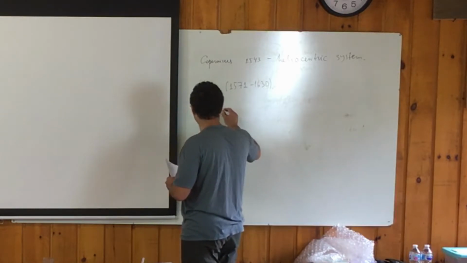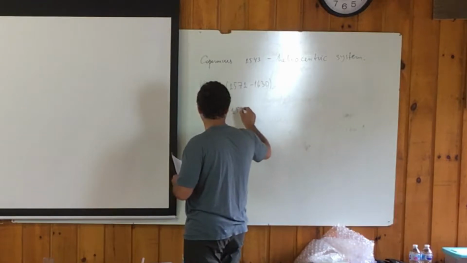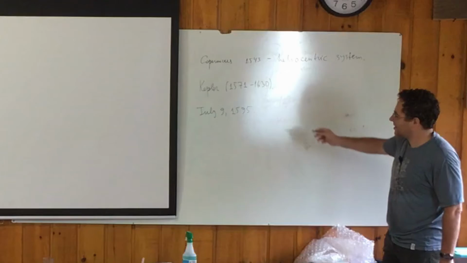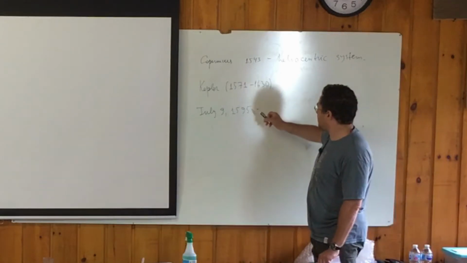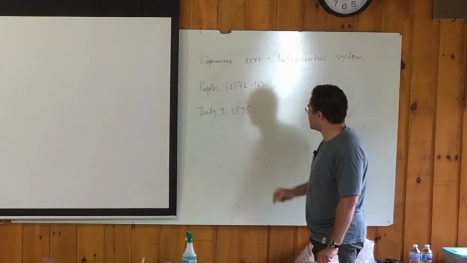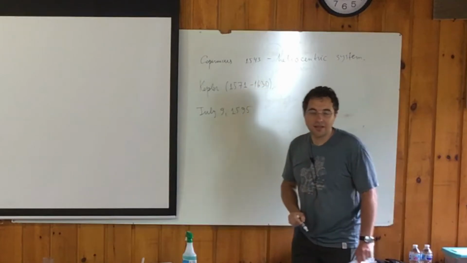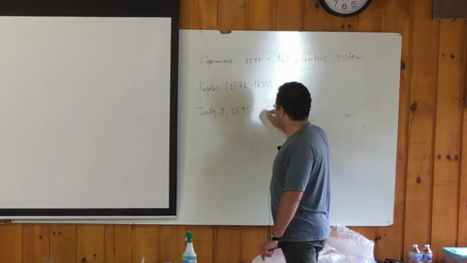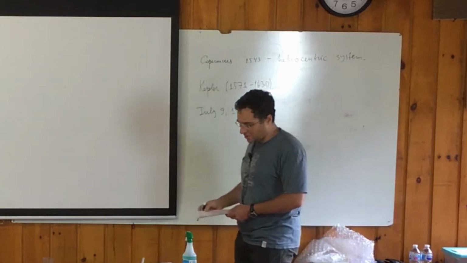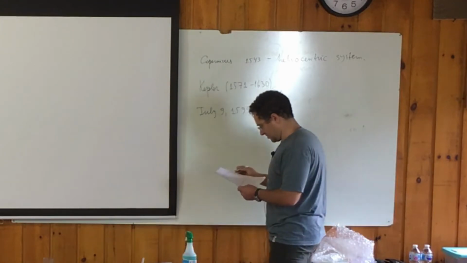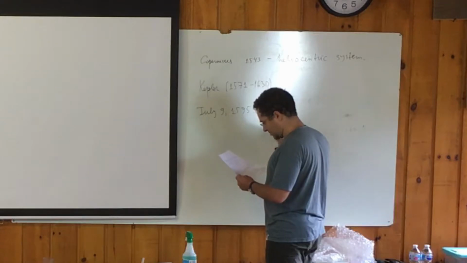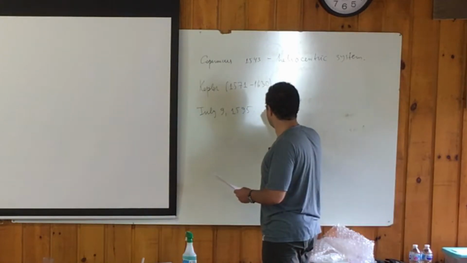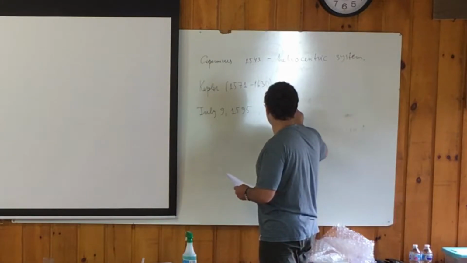And so on July 9, 1595, Kepler was a young guy, so he was 24 years old. And he had a position of a teacher of geometry and astronomy in, I think it's even a small city now, but Graz in Austria these days.